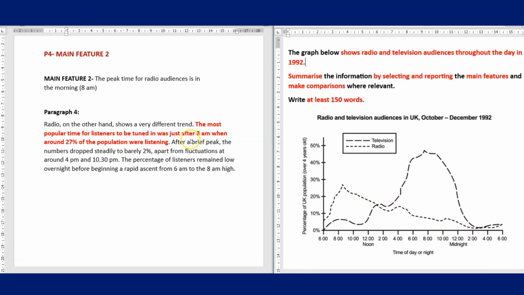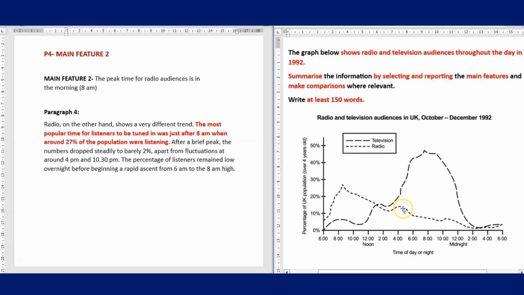Okay, so the number dropped steadily to barely 2%, apart from fluctuations at around 4 p.m. and 10 p.m. So let's see. It came down slowly to about 2% here, but there were some fluctuations here. You can see from here, it came down to between 2 and 4.